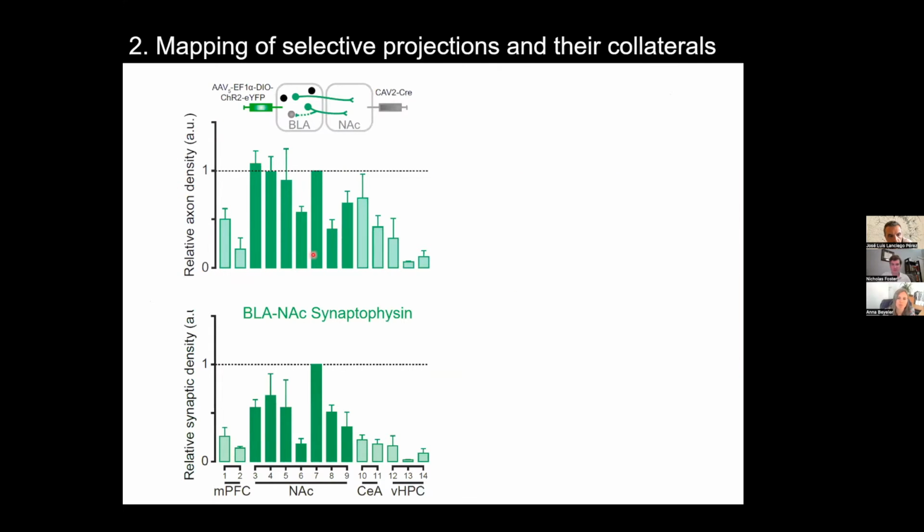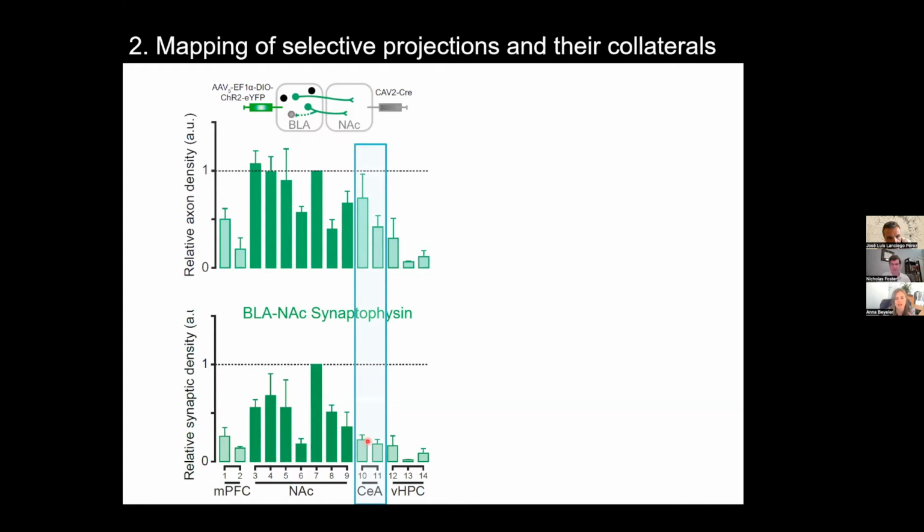Here at the top, we have the EYFP only, and at the bottom, we have the synaptophysin-mCherry. You can see that for the central amygdala, when we looked only at the processes, you have a very high density, whereas when you look at the synaptic contacts, you have a much smaller collateralization.